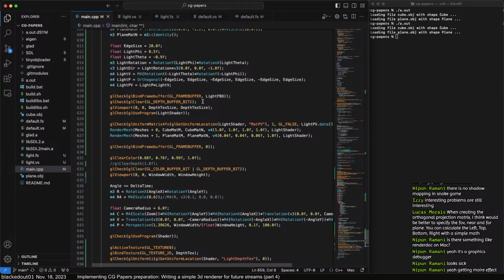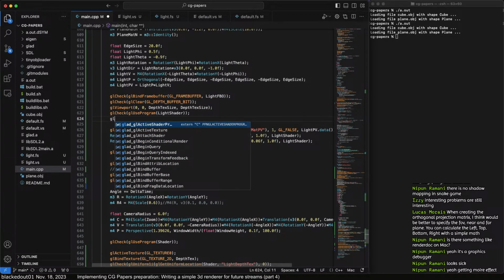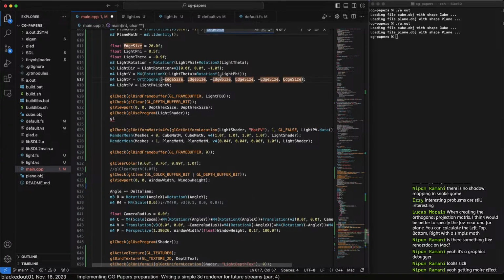So when rendering the light, we will, I think cull face is already enabled. No? Okay.